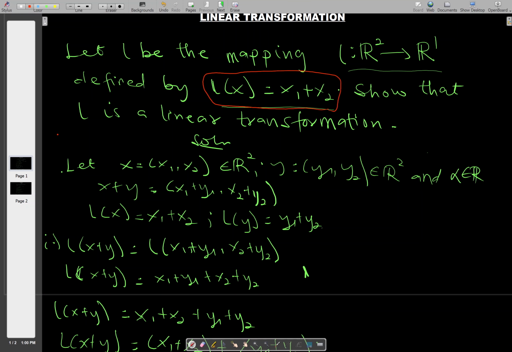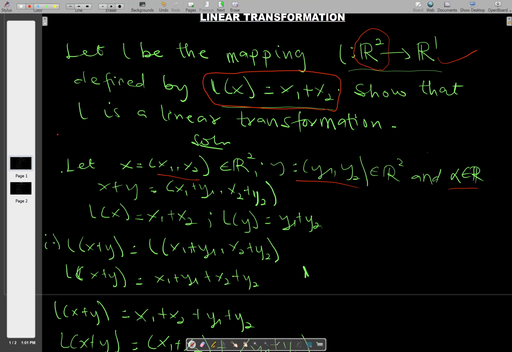L of x is given by x1 plus x2. We are to show that L is a linear transformation, so we let x be equal to (x1, x2), that's a 2-dimensional vector, right? And we are to transform it to a 1-dimensional vector. So we choose another vector y, so that y is equal to (y1, y2), and a scalar alpha.